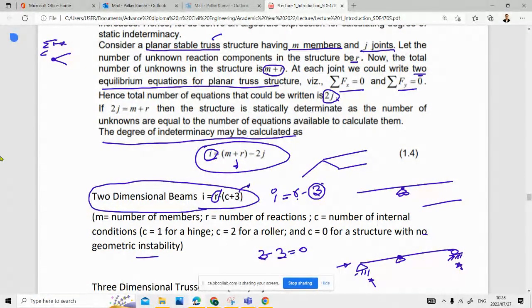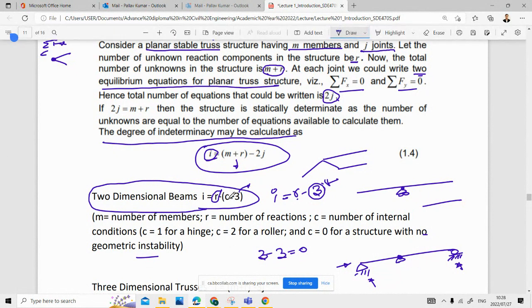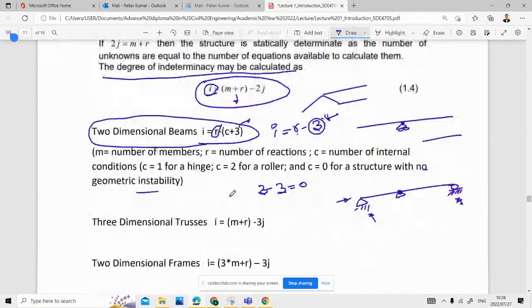So that is what they say: if we add something in a two-dimensional beam, as we know R minus 3 is the equation available, that will clearly define the internal indeterminacy of the structure in the case of the beam. But beams we generally solve quickly because we don't have any such issues. But yes, once a hinge and roller are added in that beam, then this equation is very effective.